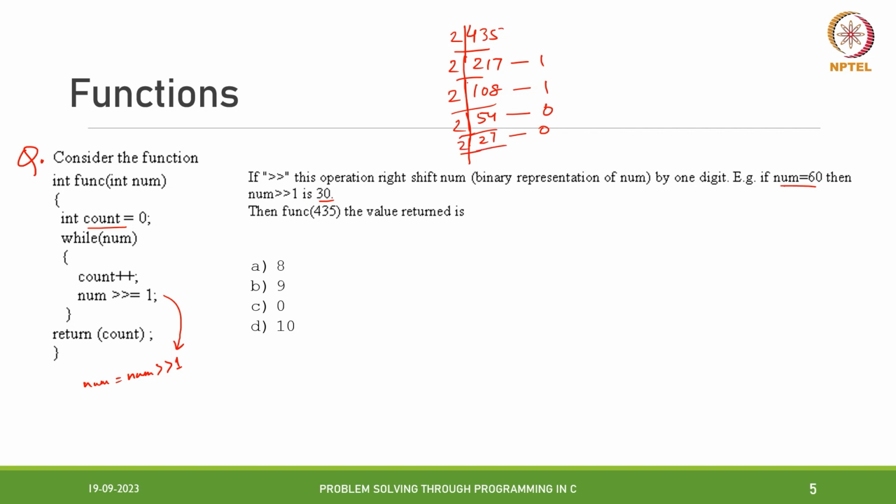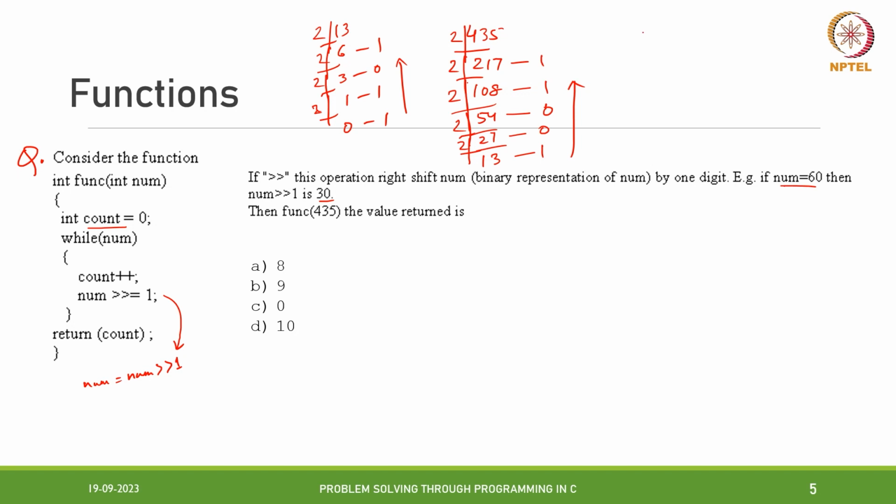Then 13, remainder of 1. Then 6, remainder of 1. 3, remainder of 0. 1, remainder of 1. 0, remainder of 1. Now we go all this way.